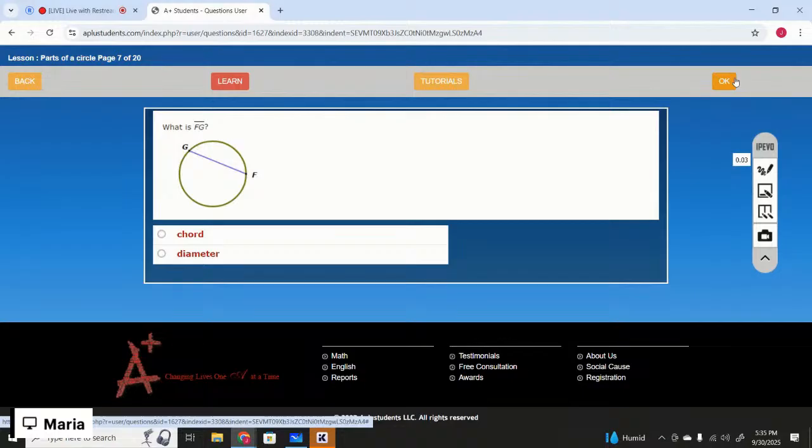What is FG? GF is the chord on the circle.